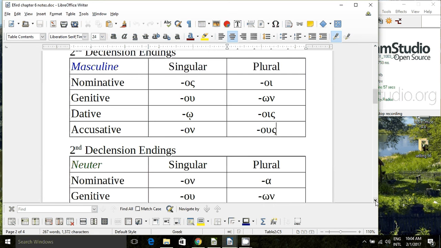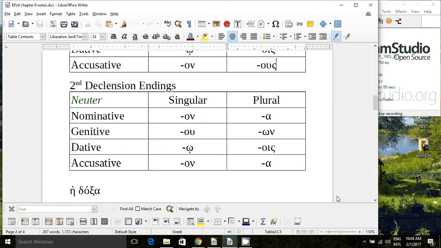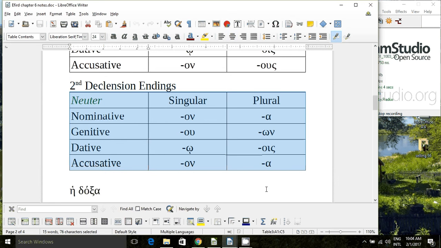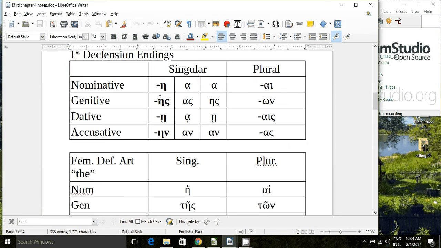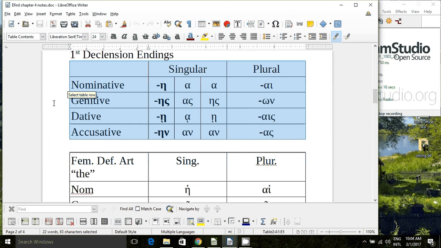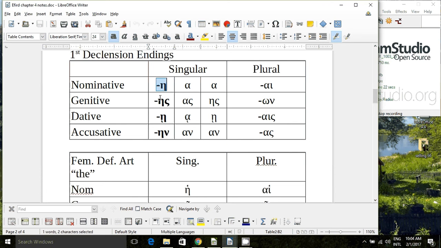Likewise, the neuter adjectives of the second declension have these endings that we already know, which is very nice. And then likewise, the feminine adjectives have the normal feminine endings of the first declension that we already know. They're going to follow the same rules that you already know about, when do you use the alpha-eta, and when do you use the alpha in the singular.